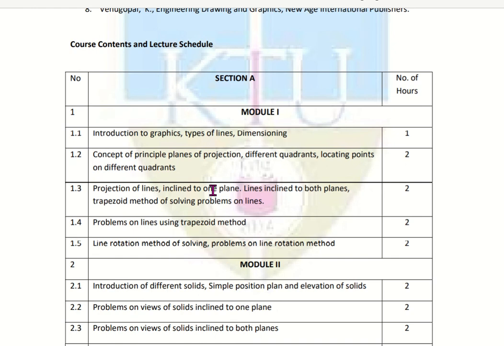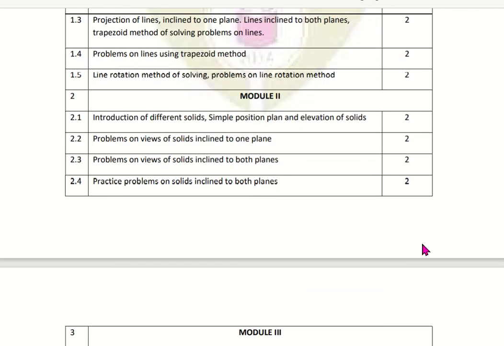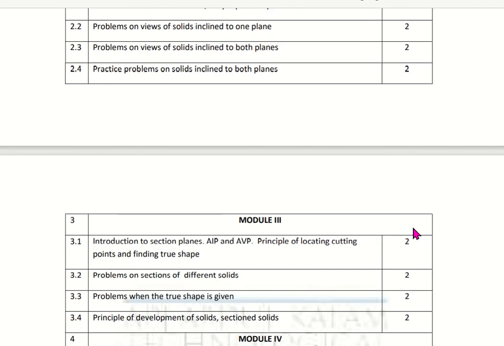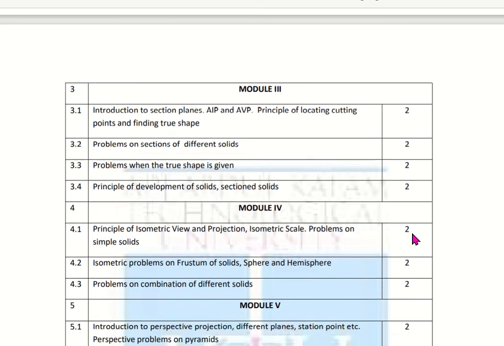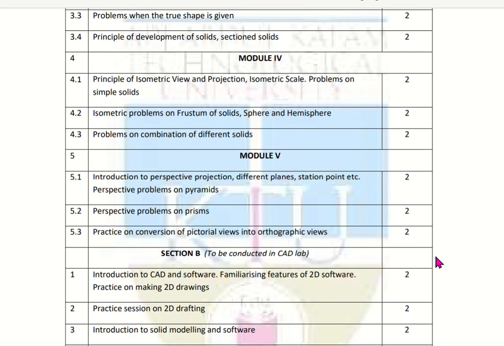And the split up of the duration of the course, that is each hour having some topics, is also decided by the university. So each module has its distribution. For the first module it is around 9 hours. For the second module we have 8 hours, and module 3 has 8 hours. Like that it is being distributed.